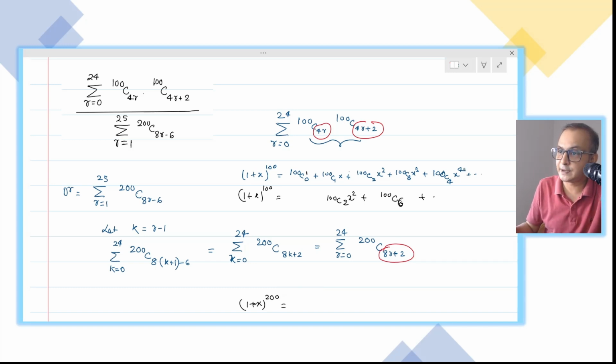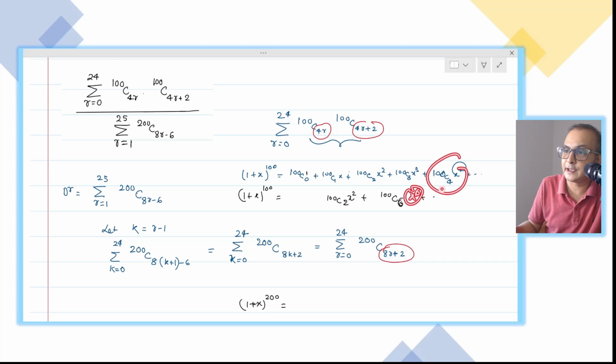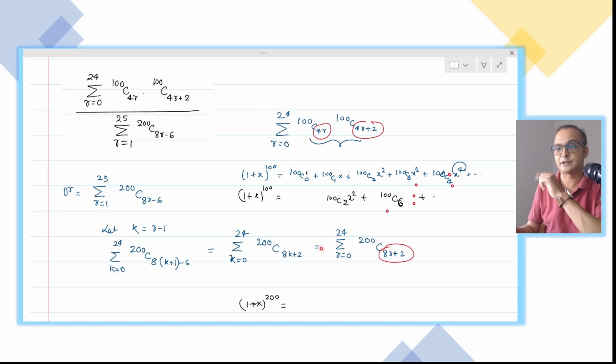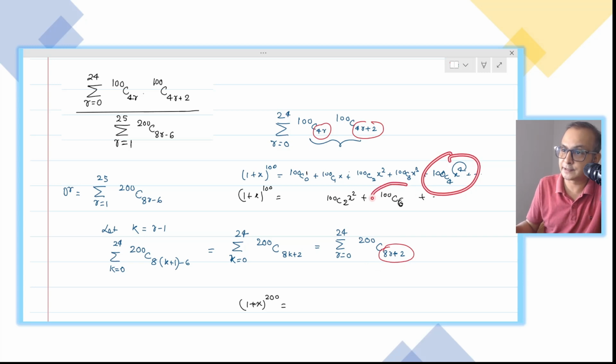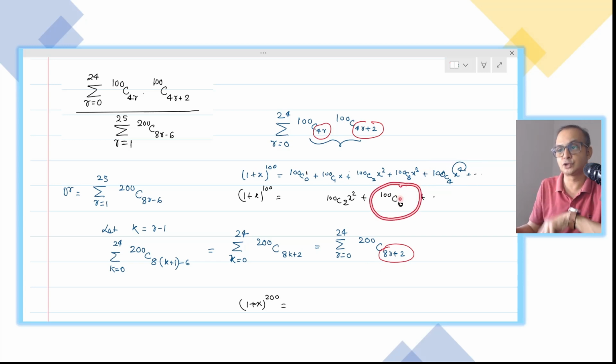Because you will multiply this x to the power 4 from here and x to the power 6 from there, you are getting x to the power 10. So you are taking 100C4 and 100C6, so it will contribute x to the power 10 in 1 plus x to the power 200. It means 200C8R plus 2 will also give you 200C10 at r is equal to 1 only, and these two are getting the same product at the same r only.